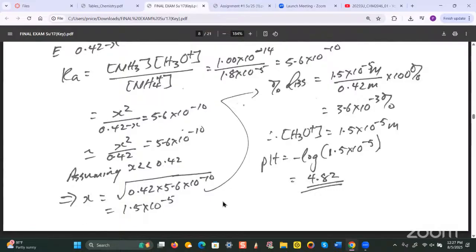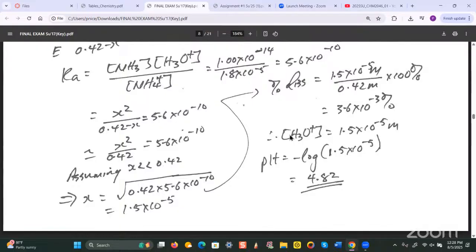And then we, as always, must determine the percent dissociation, which is 1.5 times 10 to the minus 5 divided by the initial concentration of the ammonium, which is 0.42, times 100%, and that gives you 3.6 times 10 to the minus 3%, which is obviously less than 5%.